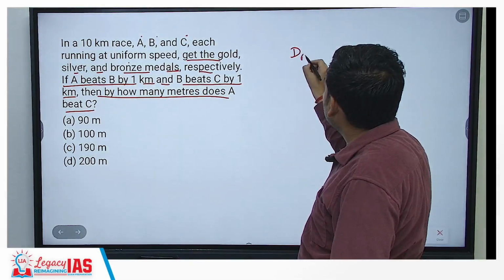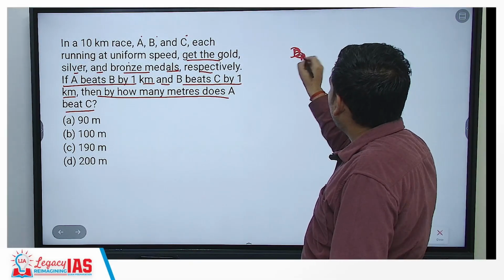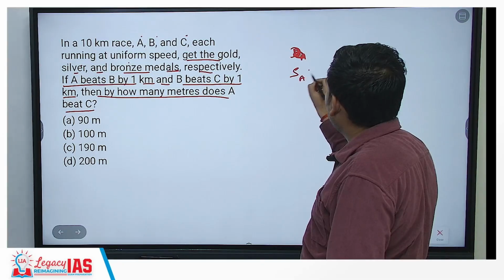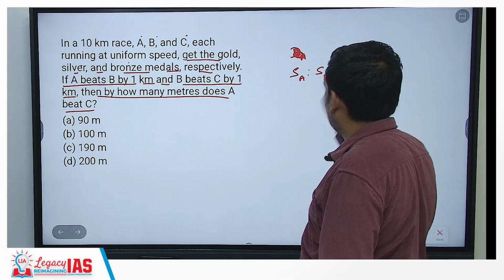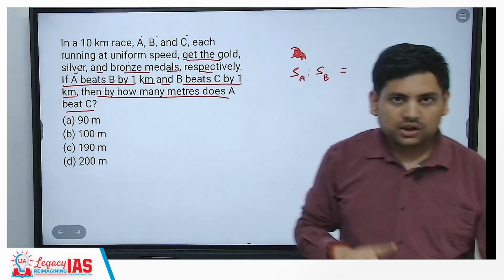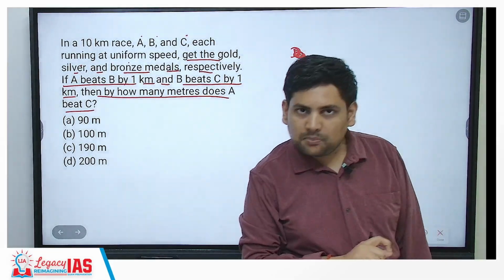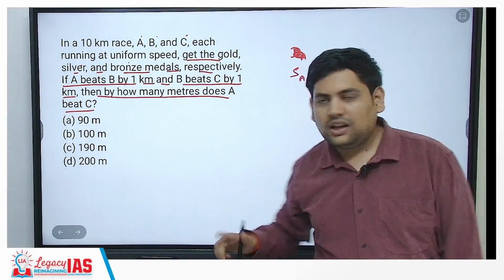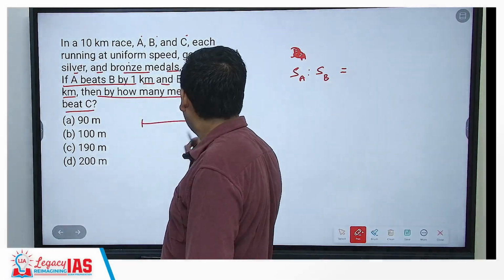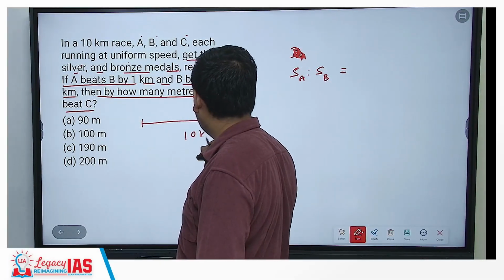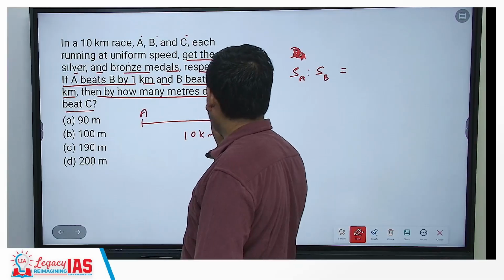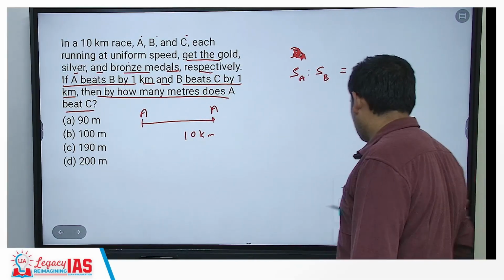That means distance traveled by A, or let me write it directly now. Speed of A ratio speed of B will be what? In the time that A completes the race, A wins the race by 1 kilometer. So when A completes 10 kilometers, B completes how much?